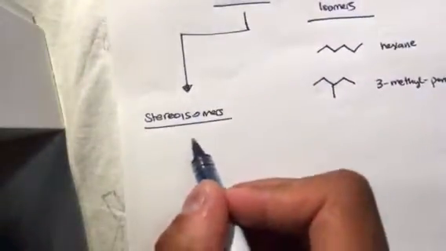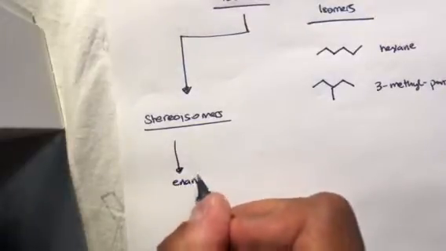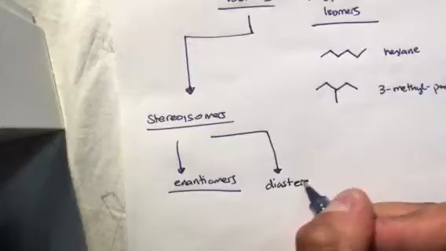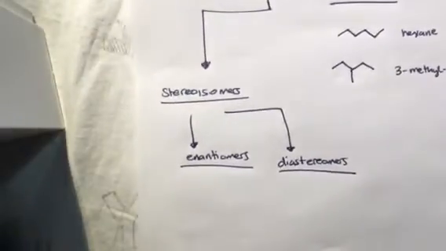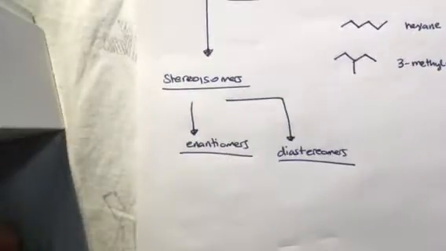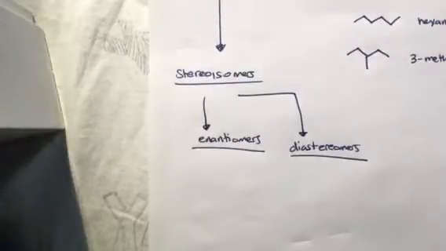For stereoisomers, there are two main important types. One is enantiomers, and the other one is diastereomers. Enantiomers are exactly what you say, mirror images.